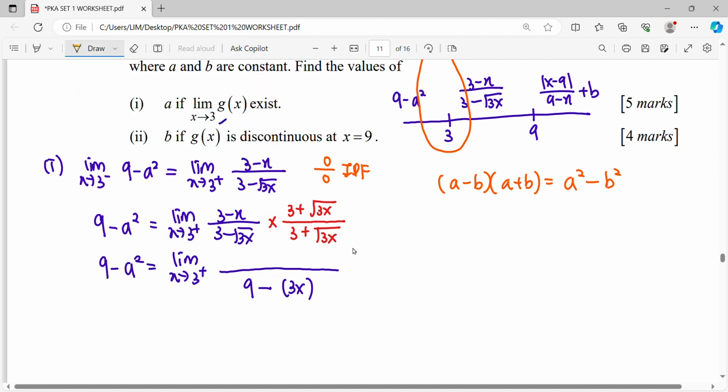When you have x approaches 3, it means you need to simplify the factor of x minus 3. So you have to remain with your factor as x minus 3 so that you can simplify. So how to find this x minus 3?